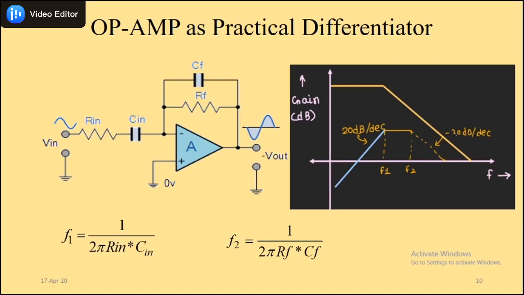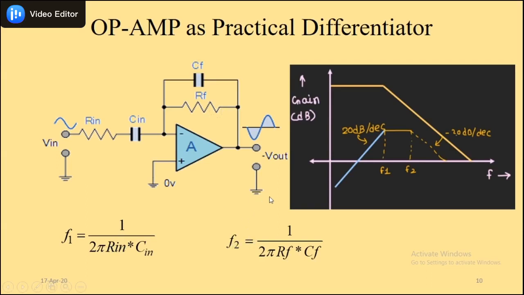By making these changes to the circuit, we will come across two frequencies. One frequency is F1, which is 1 upon 2 pi Rin Cin, the combination of this input resistor and this capacitor, and the other is the combination of this capacitor and this resistor. So this will give you frequency F1, and this will give you frequency F2.